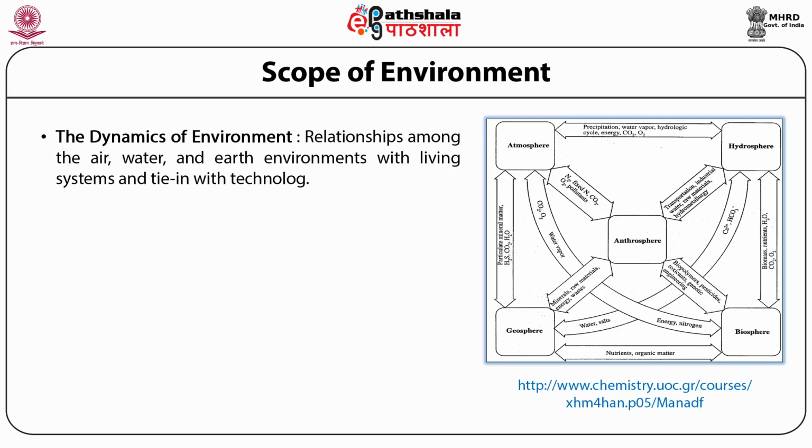The atmosphere, hydrosphere, biosphere and geosphere have very dynamic interaction among these four spheres, which delivers and balances the environmental ecosystem. Between the hydrosphere and biosphere, there is exchange of biomass, nutrients and other gases, whereas between the atmosphere and hydrosphere there are precipitation, water vapor, the hydrologic cycle and energy transfer.